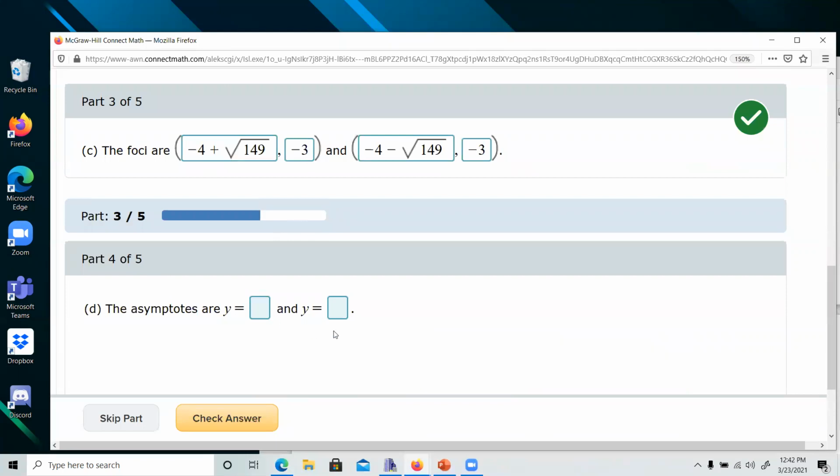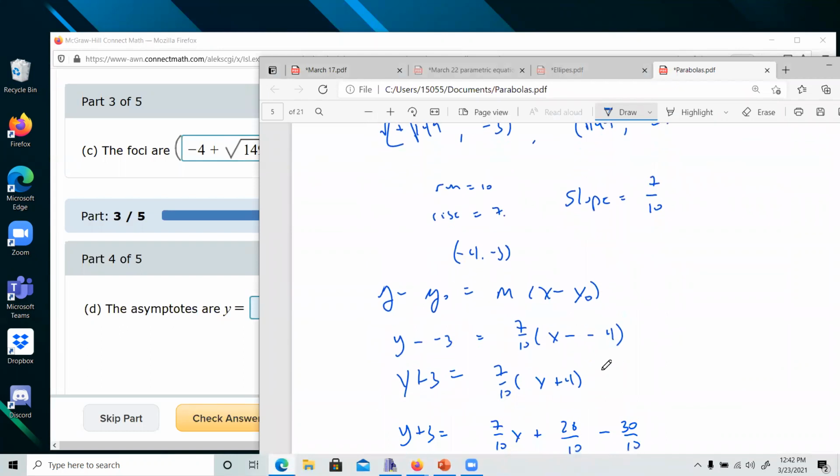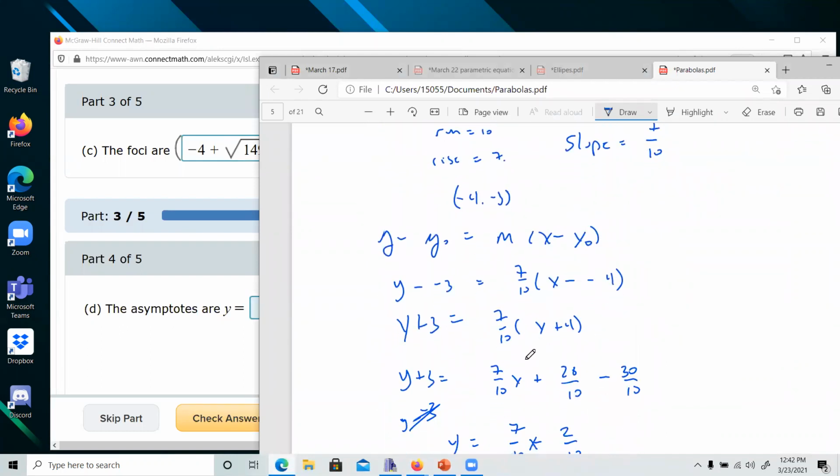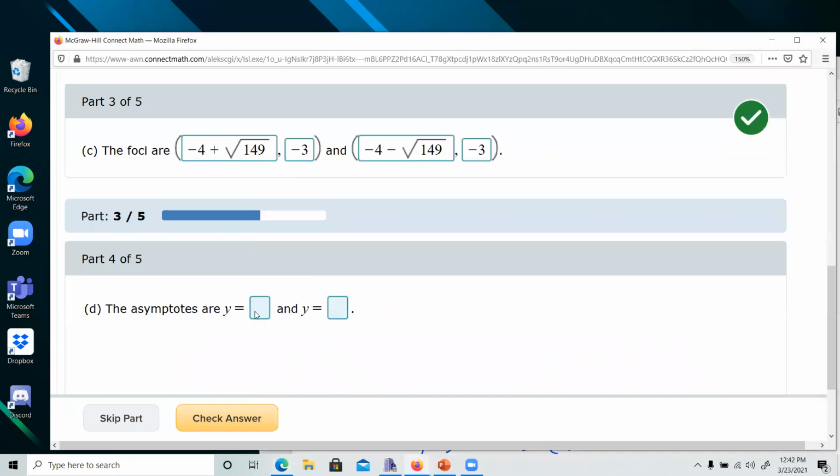Okay, the asymptotes. See, this gets worse, but we figured this out. It's not going to be so bad. So we have y is equal to 7/10 x plus 2/10.